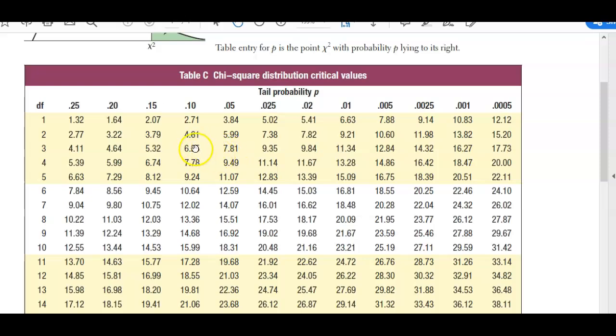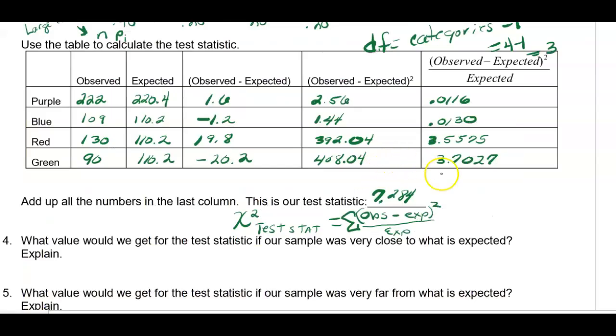So we know that our p-value is somewhere between 10% and 5%. We know then that 0.05 is less than our p-value, which is less than 0.10. Now we can get the exact value by using the calculator, and I'll show you how to do that a little bit later, but let's go ahead and finish the problem.